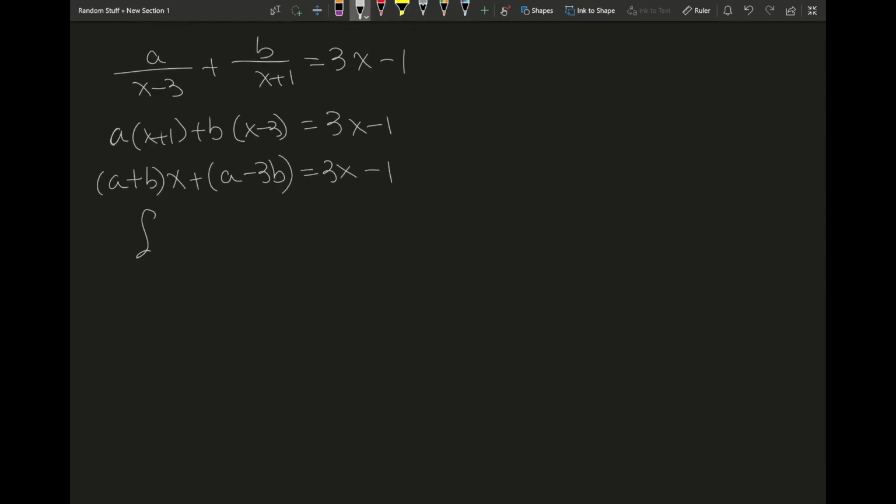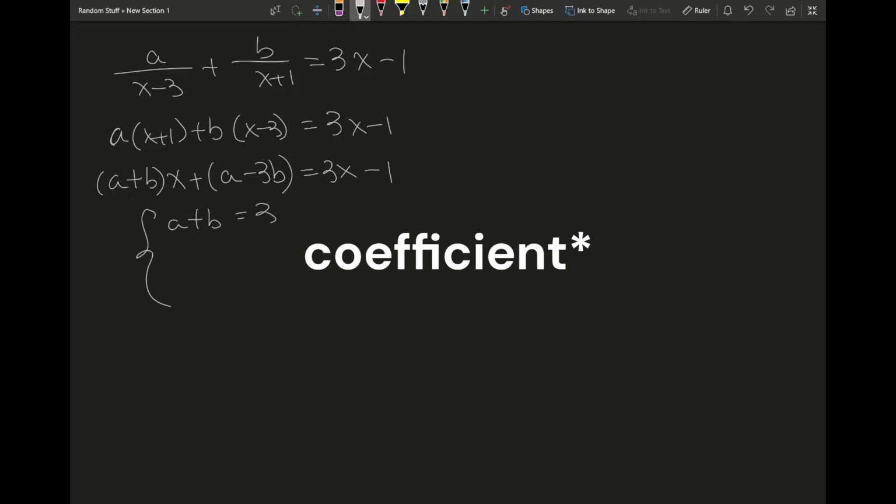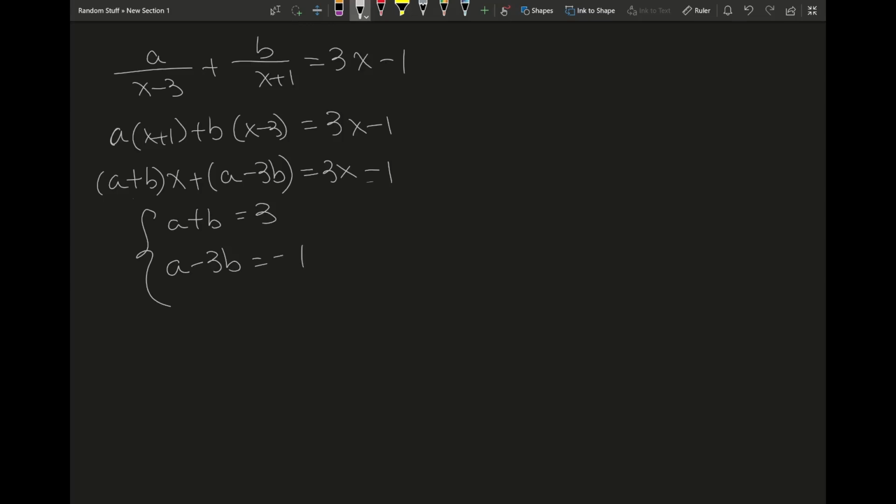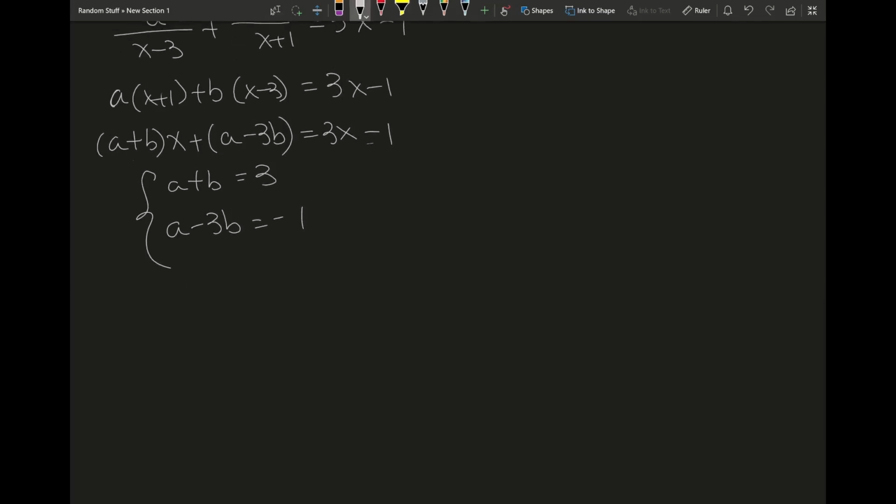So A plus B equals the constant in front of x, 3, and A minus 3B is equal to negative 1. We can just subtract this from this, so that turns into 4B equals 3 minus negative 1, which is 4. B equals 1, and if we do that, A equals 2. A plus B is 1 plus 2 equals 3. There we go.